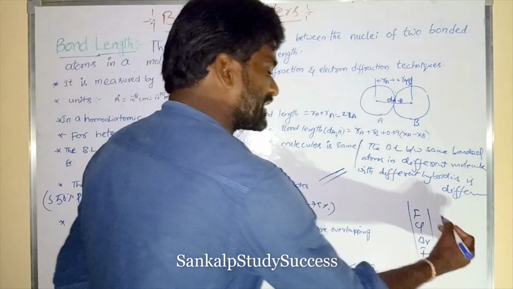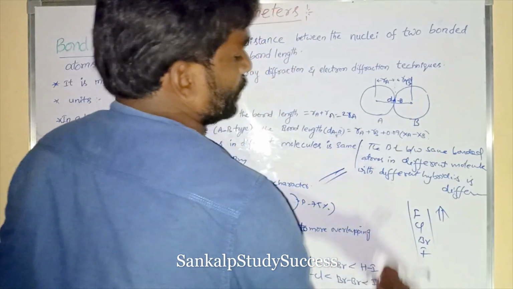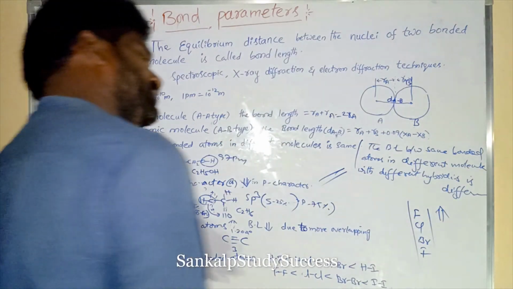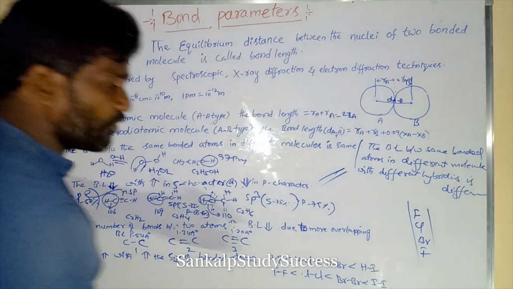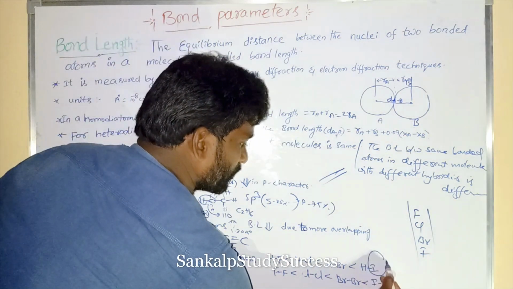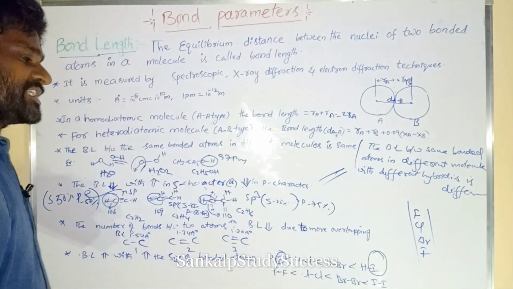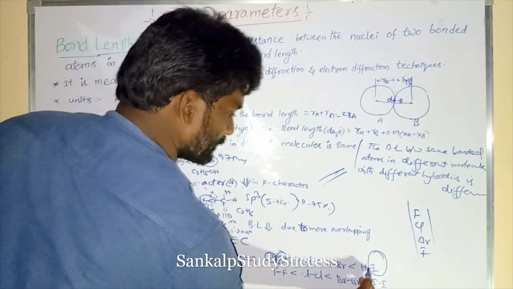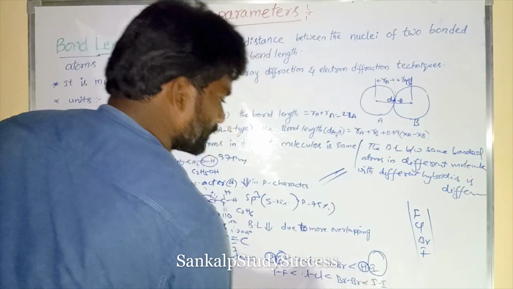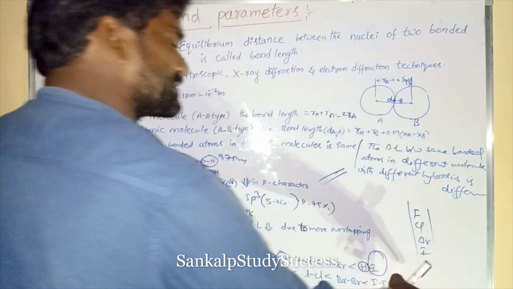In a group, the atomic size increases from top to bottom. So here which has more atomic size? Iodine has more atomic size. Which has less atomic size? Fluorine has less atomic size. So from fluorine to iodine, the atomic size increases.